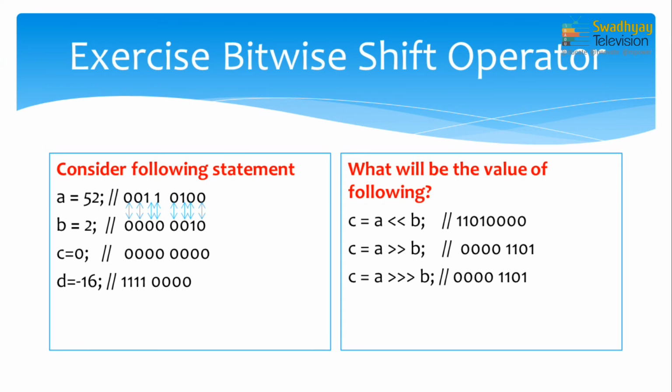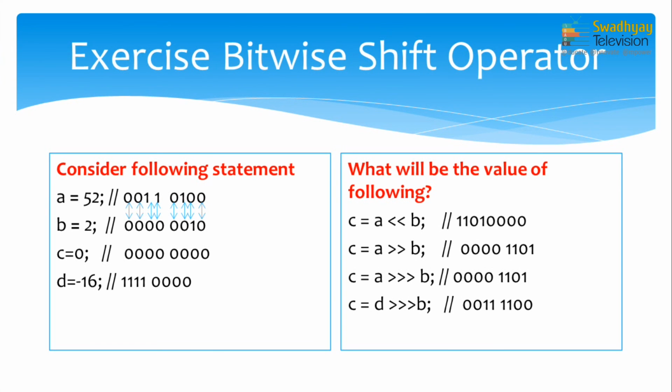Now, what is the difference between the second and the last operator? Generally, if the value is negative, it will be converted into positive. Here, this will shift all bits of A by 2, so the result is the same as the previous example, but what will happen if the value is negative?